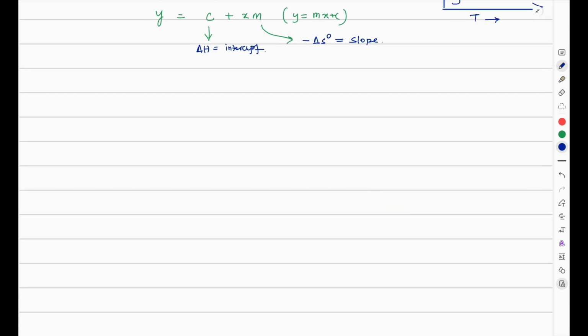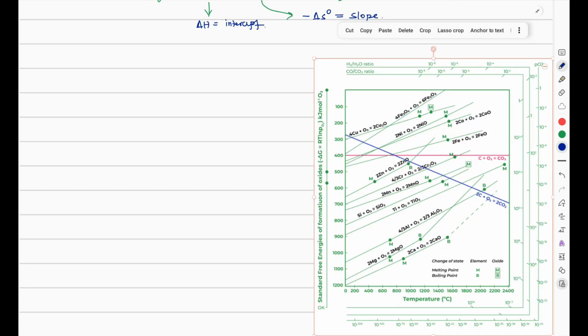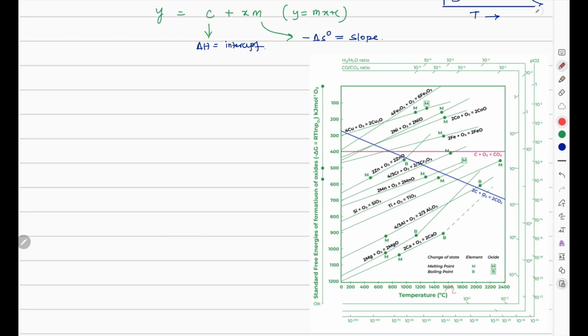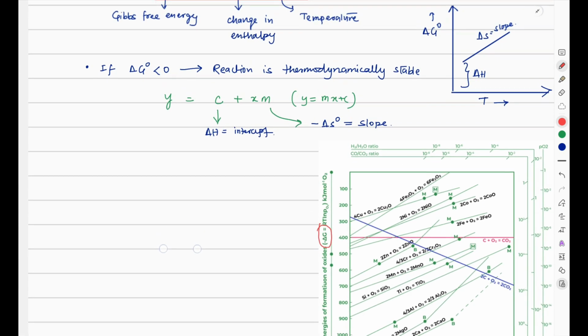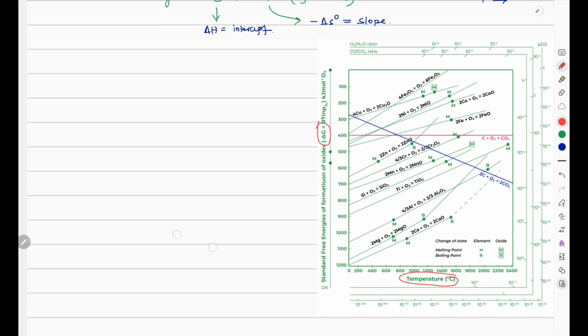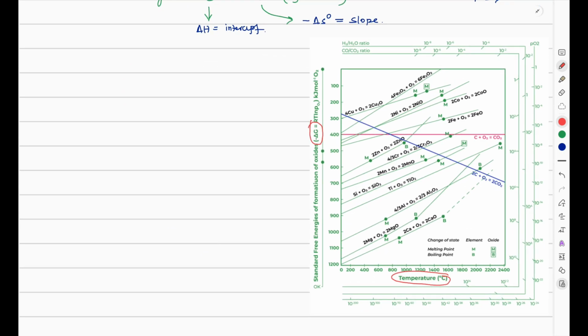Now we will insert the Ellingham diagram, which is this one. In this diagram we can see that there is a temperature axis here and a delta G axis here on the y axis, and these graphs are linear graphs plotted according to this formula. From this graph we will note down the important points, and this is one of the key concepts of this graph.